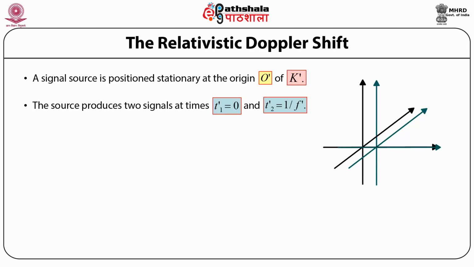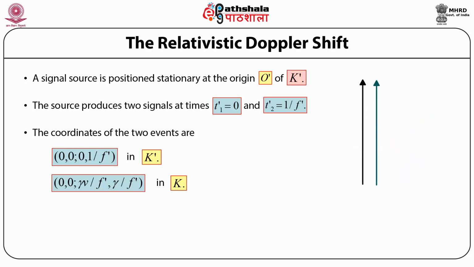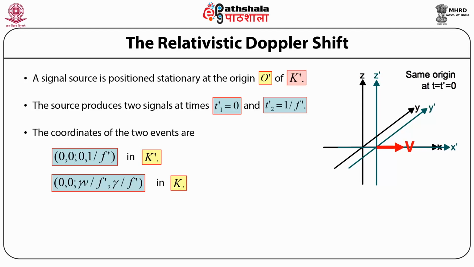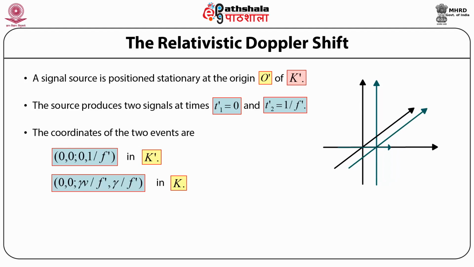So the time measurement in the k prime frame of reference would be t1 prime and t2 prime, while the time measurement in the k frame of reference would be t1 and t2. If we want to define the coordinates of the two events, that is the signal source emitting two signals at two different points in time, then these coordinates in the k prime frame of reference are given by (0, 0), which refers to time 0 and coordinate position 0, and (0, 1 upon f prime), which refers to the coordinates at the later time t2 prime.